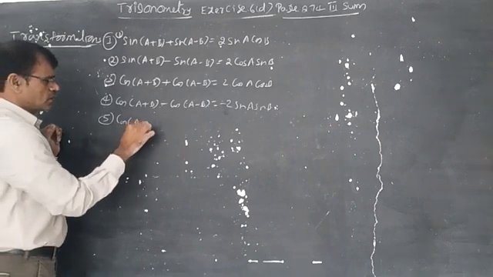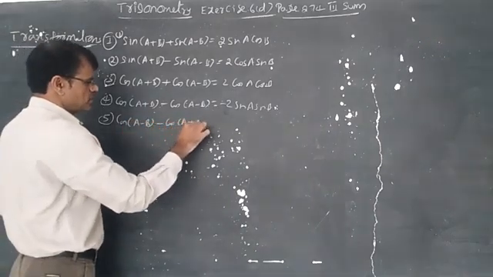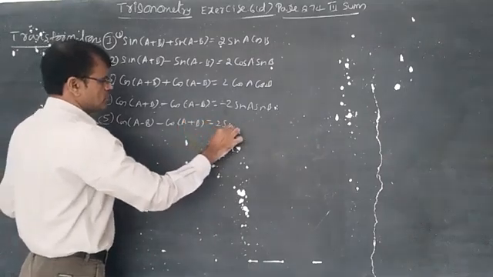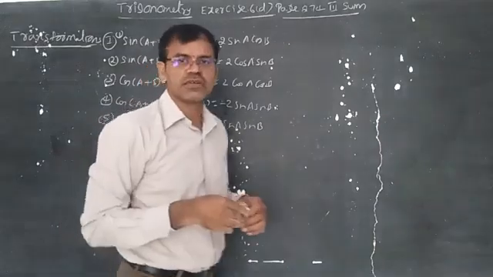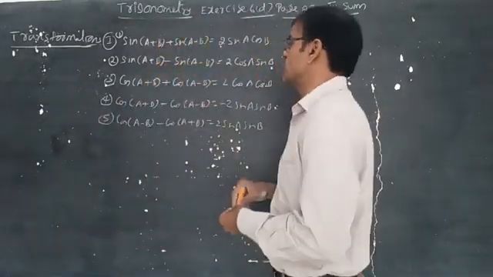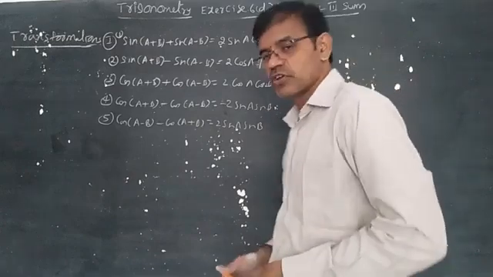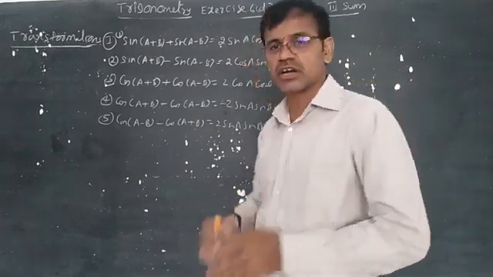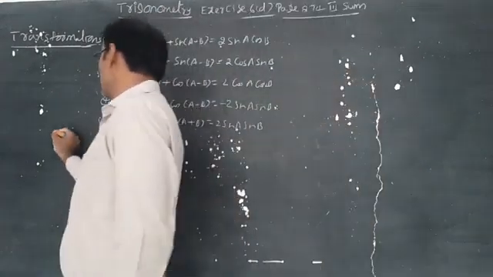Last one, cos of a minus b minus cos of a plus b is equal to 2 sin a sin b. Each and every formula you should write five times, then only you can understand and remember the formula. If you cannot remember the formula, you cannot understand any sum depending upon transformations.